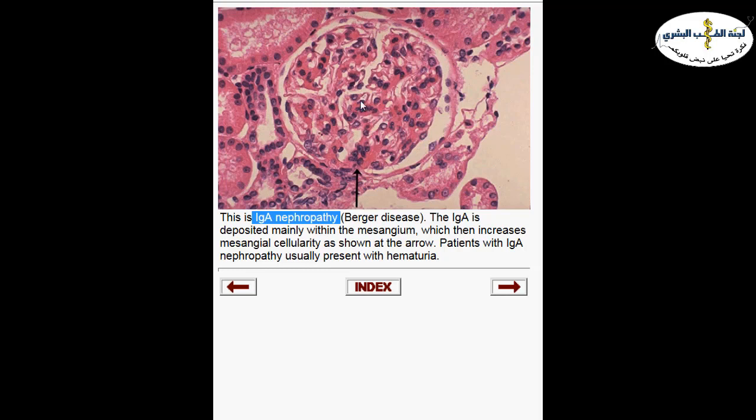There is mesangial cell hypercellularity, or proliferation. If you look at the endothelial cells, they are normal because the capillary loops are still open, still patent. The podocytes are normal, so the only finding is mesangial. So we have mesangial matrix deposition and we have mesangial hypercellularity.